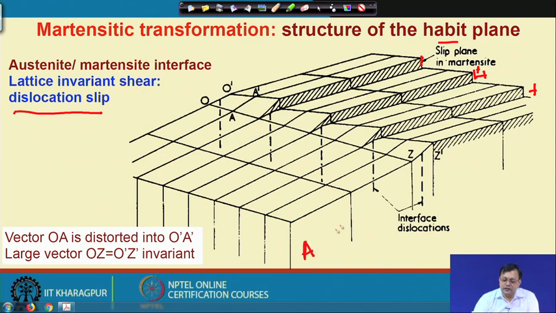Now, here this is the austenite. From austenite we are transforming into martensite, and there is an interface. The interesting part here is that if you look at the OA vector in this direction, when it goes to martensite it becomes O'A', and you see the direction has also changed a little bit, because it is showing up.